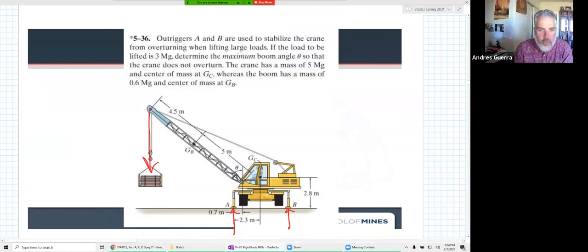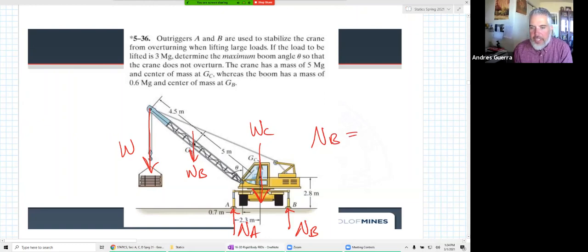So if we have this weight out here, and we have a normal force here at A and a normal force here at B, and a weight here at C, there's also a weight here at point B. If this is going to overturn, what do we think the normal force at B is going to be equal to when we're right on the verge of overturning? Can we set a specific value for that?